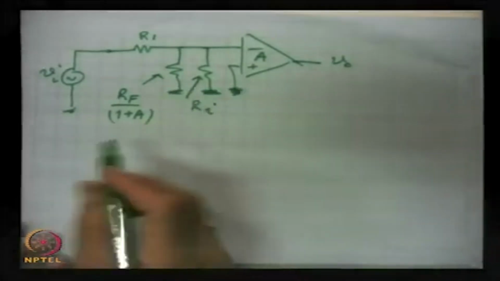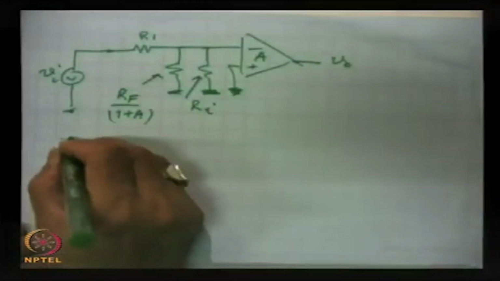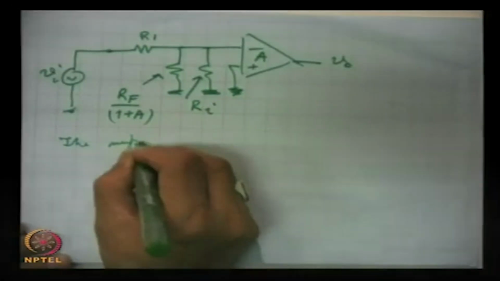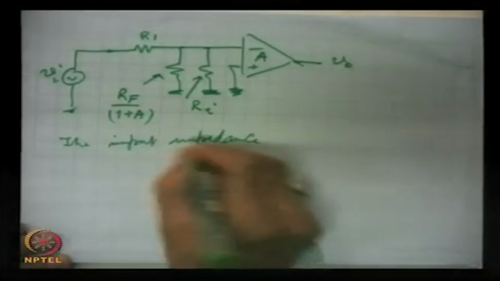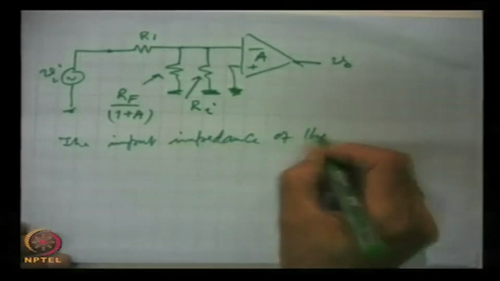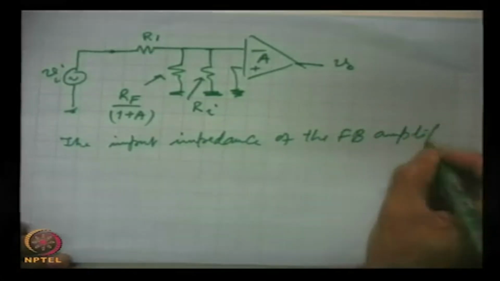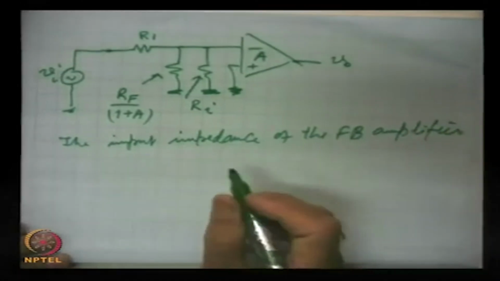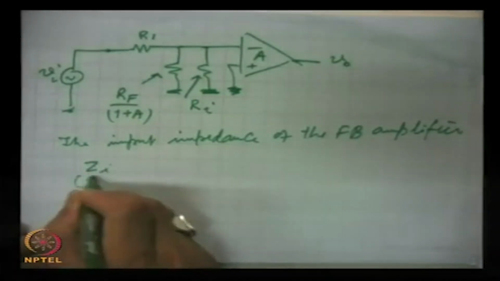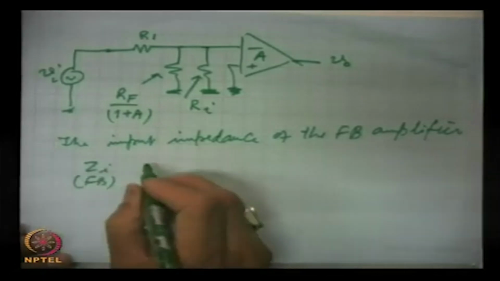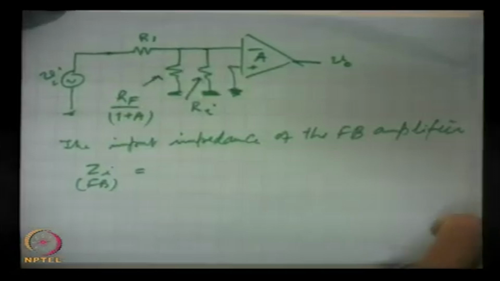At the input, the net resistance of the feedback amplifier, the input impedance of the feedback amplifier, becomes Zi with feedback. So, this is R1 plus this combination in parallel.